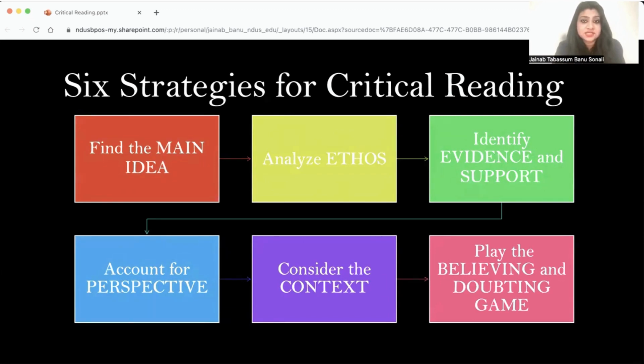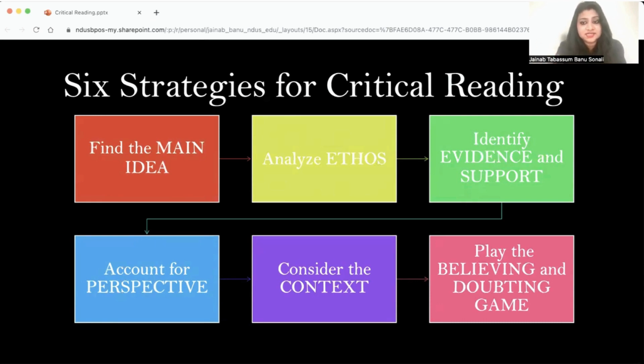Is the text written ethically? Because this is the world of content creation and content making. So you will encounter information, you will encounter misinformation, you will encounter ethical text, you will encounter unethical and biased text. So that is why it is important to analyze the ethos of a text.